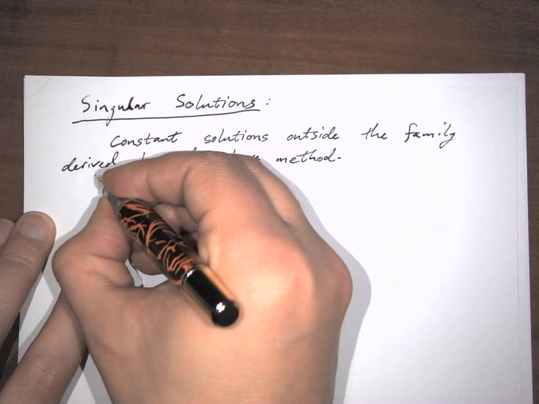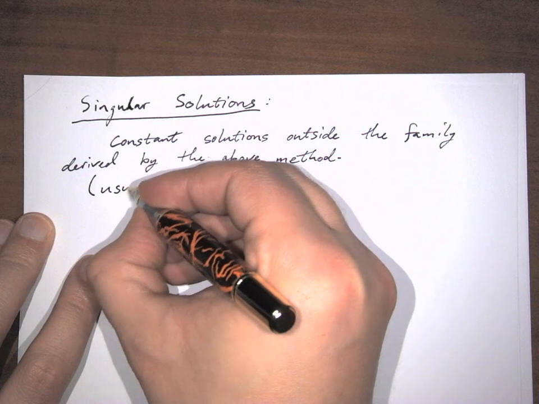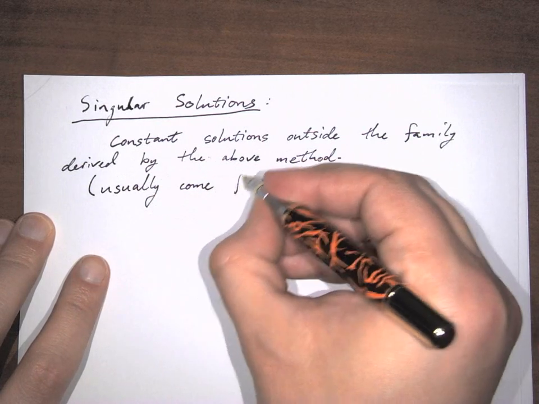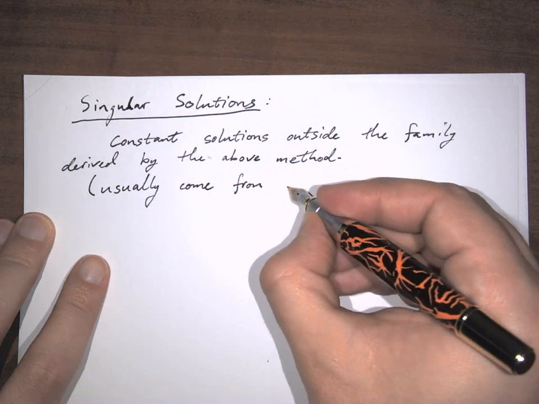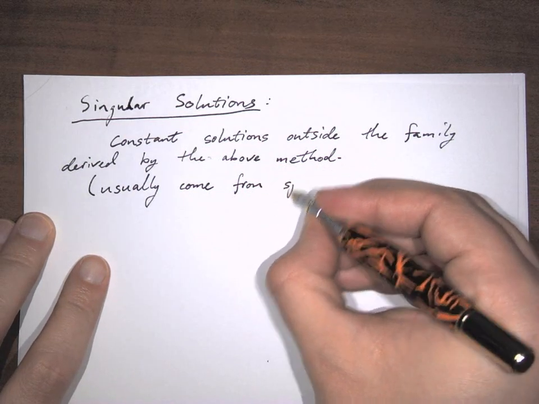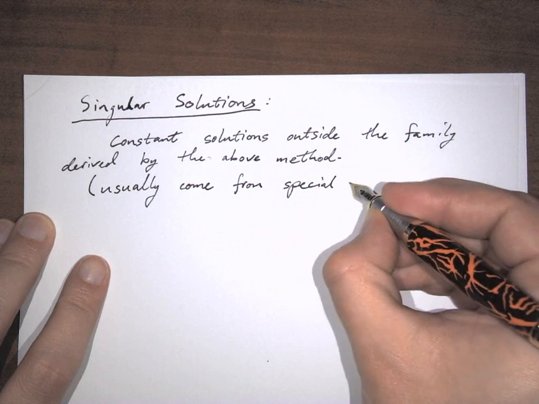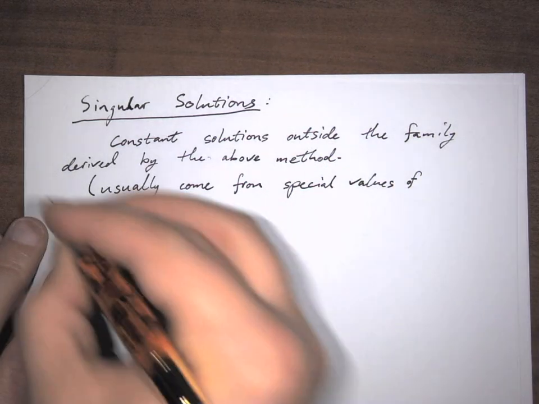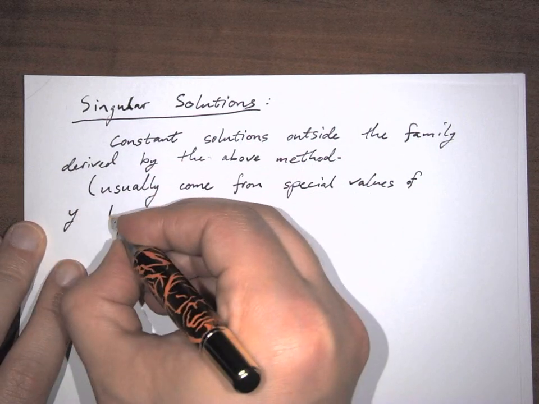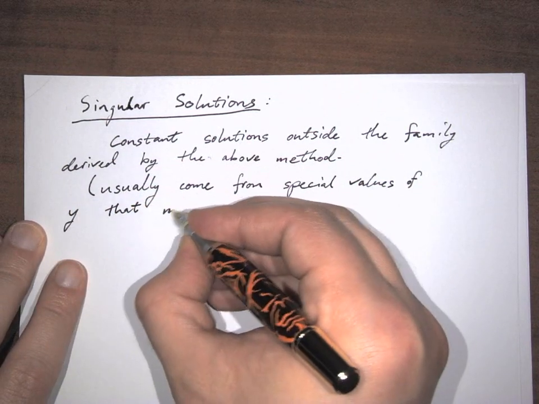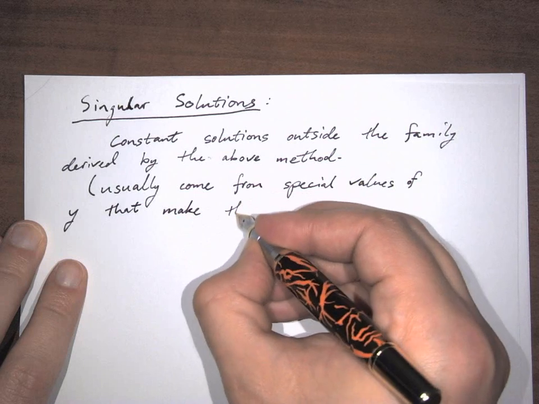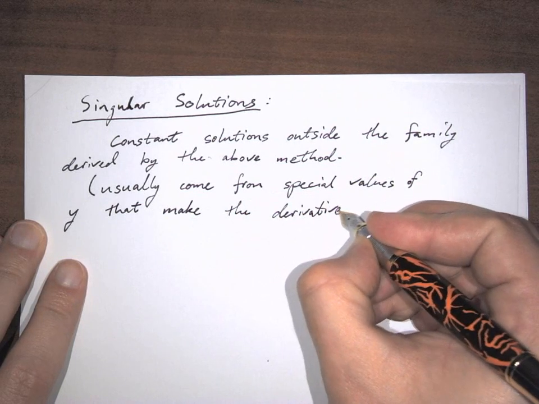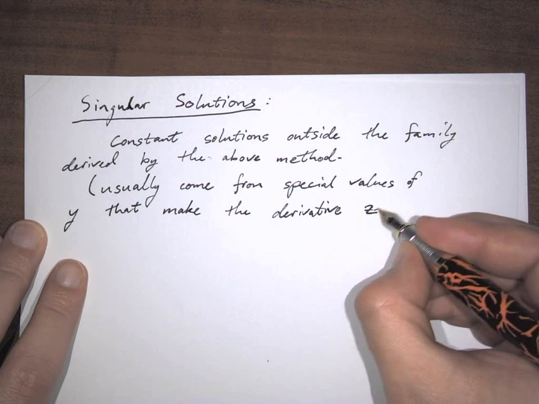And these usually come from special values of y that make the derivative 0.